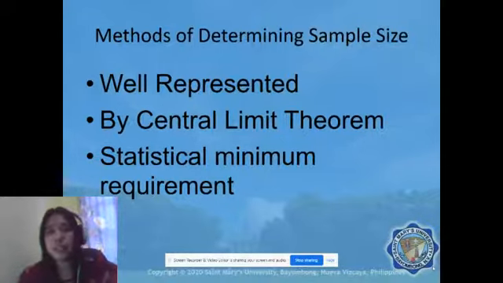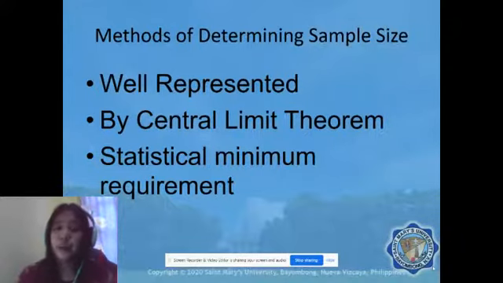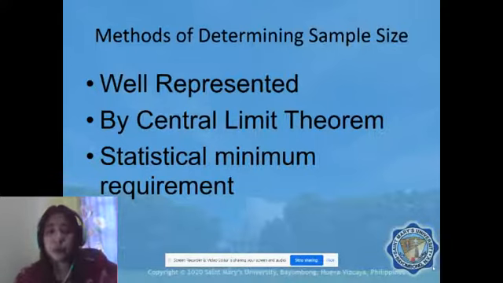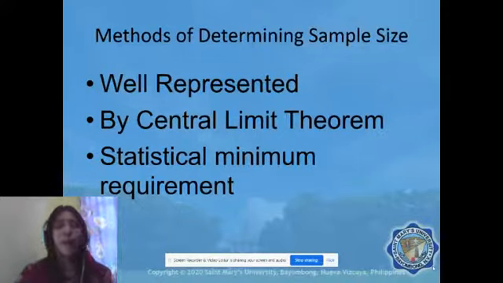For a comparison test, the minimum is 5, but for a relationship test like Pearson R, the minimum number is 8 to 10. But the problem here, of course, is that if you only consider the minimum requirement, it might not give you a very meaningful result. So, as mentioned, you can come up with a well-represented sample size.